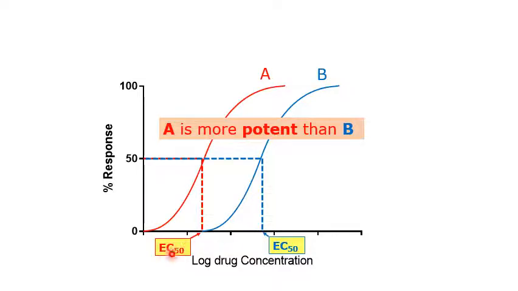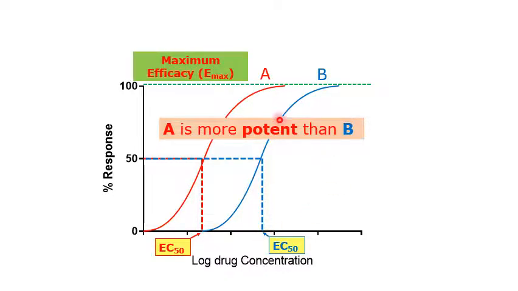So a smaller concentration of drug A can produce larger effects than the same concentration of drug B. And EC50 of drug B is larger than EC50 of drug A. In this case, we call A more potent than B.